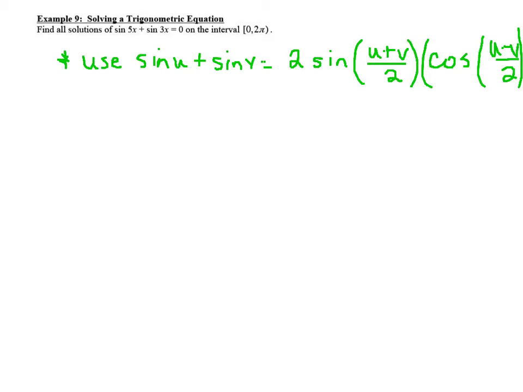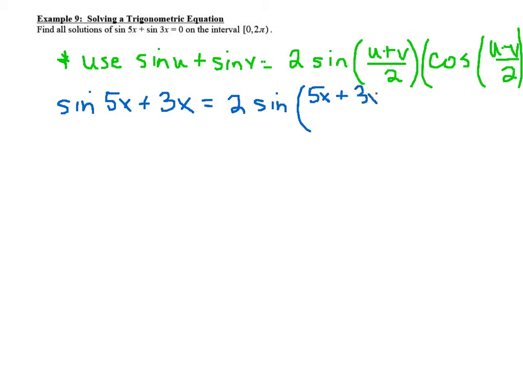So if we use this to simplify our equation, we can rewrite the sine of 5x plus 3x as 2 times the sine of 5x plus 3x all over 2, times the cosine of 5x minus 3x all over 2.